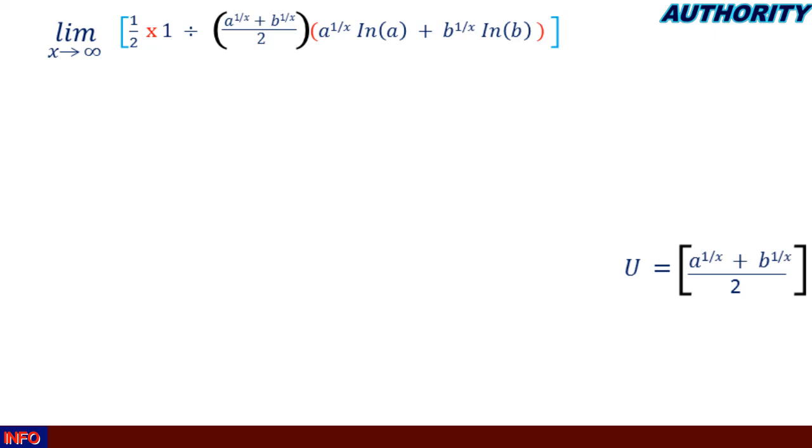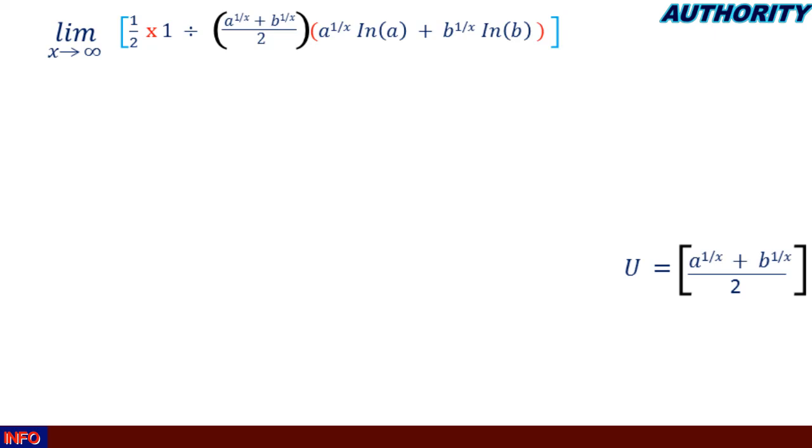All right, good. Now look at this. This division we have here, this 1 divided by, we can turn this division into multiplication. As we turn it to multiplication, we perform inversion. So in this small bracket where we have (a^(1/x) + b^(1/x)) all over 2, the denominator will come up and the numerator will come down.